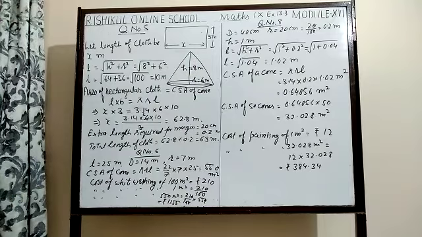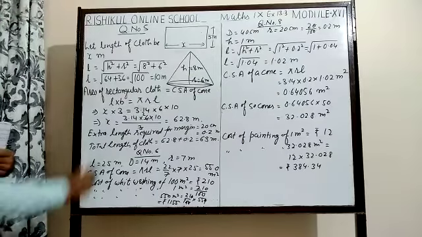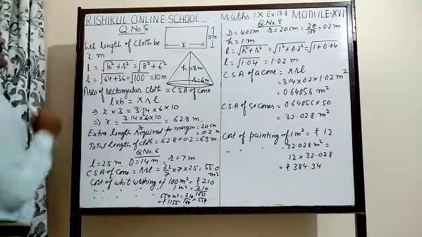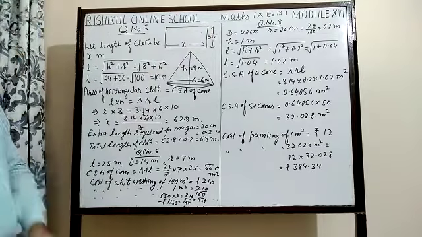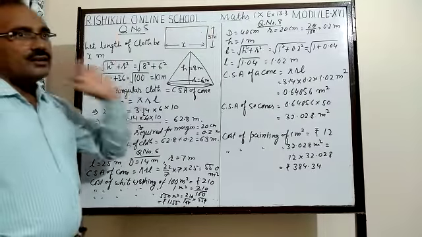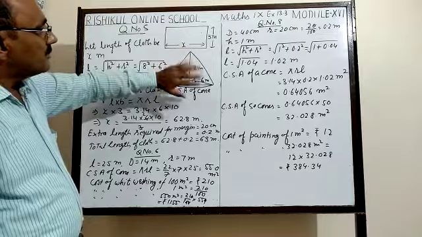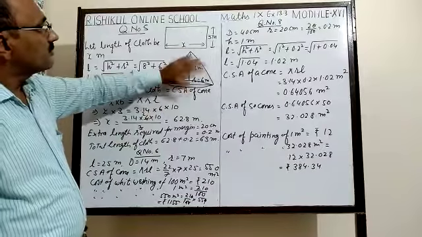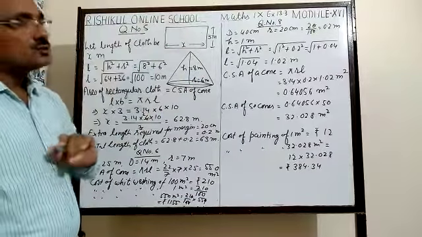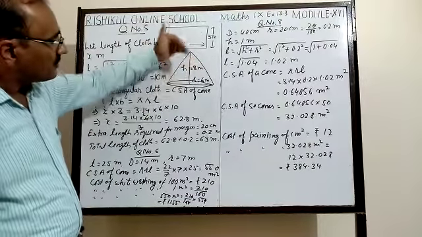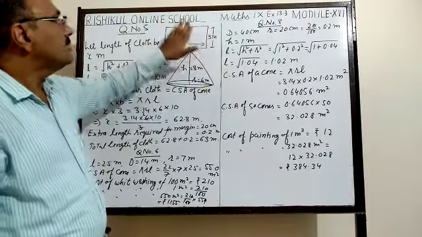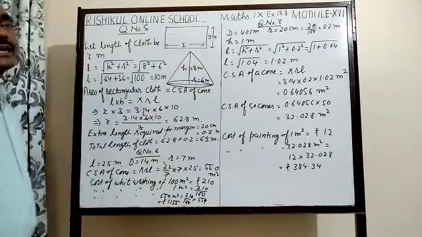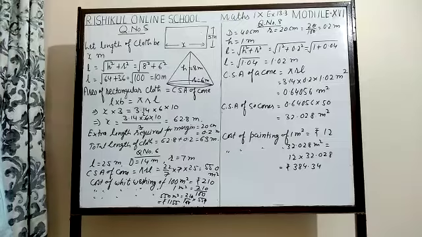So first of all, you will suppose the length of the cloth to be x and the breadth, as you know very well, is 3. See very attentively, because we want to make a conical tent from this rectangular cloth, the curved surface area of this conical tent will be equal to the area of the rectangular cloth.